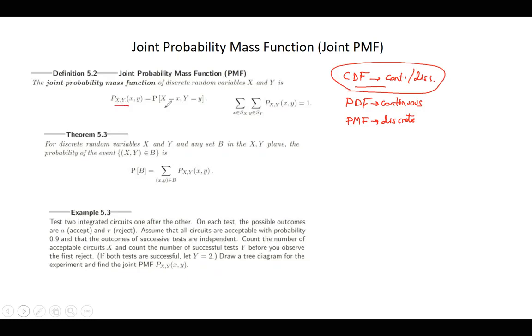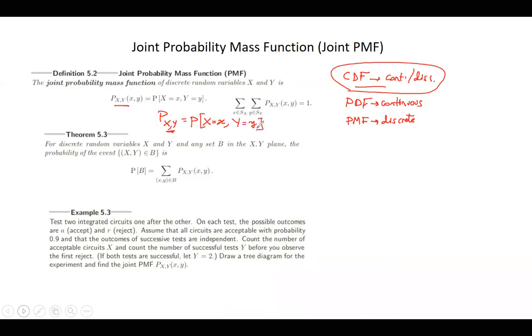Joint PMF is simply written by capital P and the random variables X and Y. So this refers to the joint PMF of X and Y, which is equal to the probability that X, the random variable, is equal to the value of that random variable, and Y equals y.